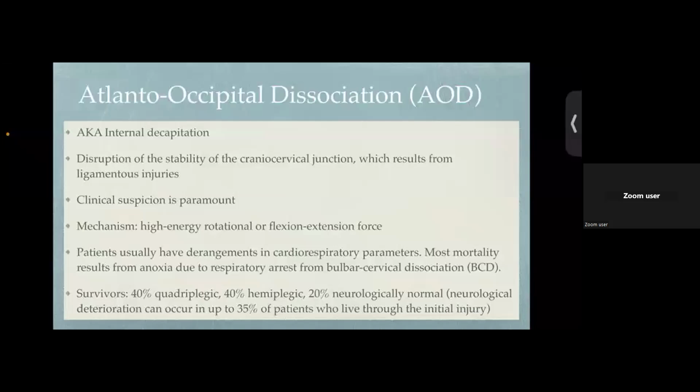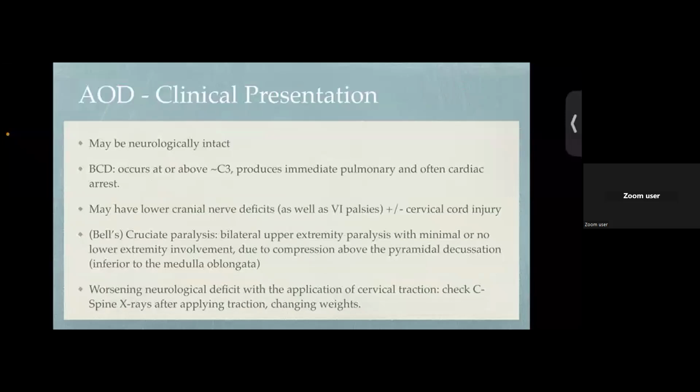So the clinical presentation: they may be neurologically intact. As stated before, with bulbar cervical dissociation occurring at or above approximately C3, it will produce immediate pulmonary and often cardiac arrest. They may have lower cranial nerve deficits, plus or minus cervical cord injury.